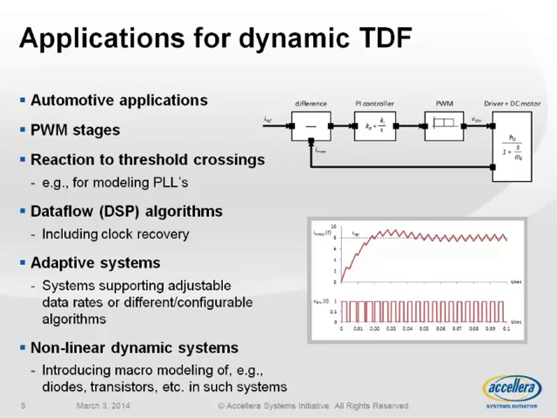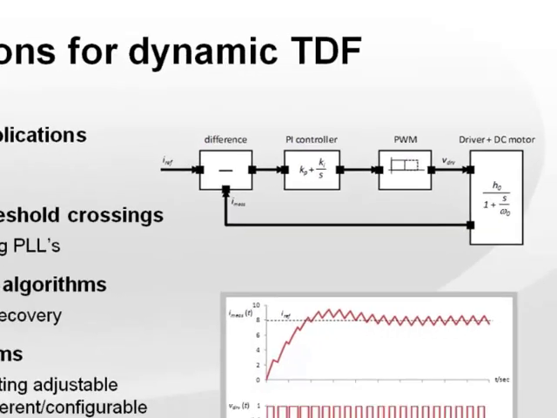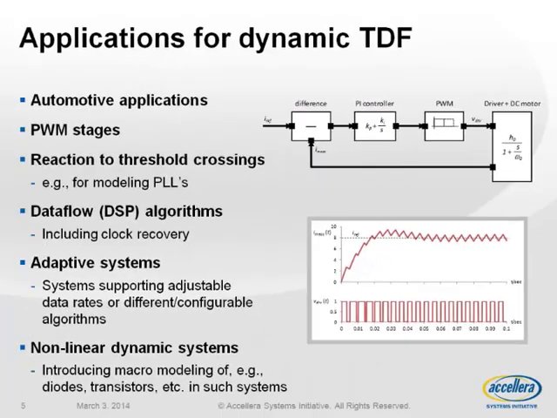Also, the restriction to linear dynamic equations got a bit relaxed by the ability to do zero time step iterations, so that you can also, to a certain degree, describe nonlinear dynamic systems. On the right, you can see, for example, a PWM model with varying time steps, which will be used in the continuation of this presentation to show you the performance benefits you can achieve with dynamic TDF.